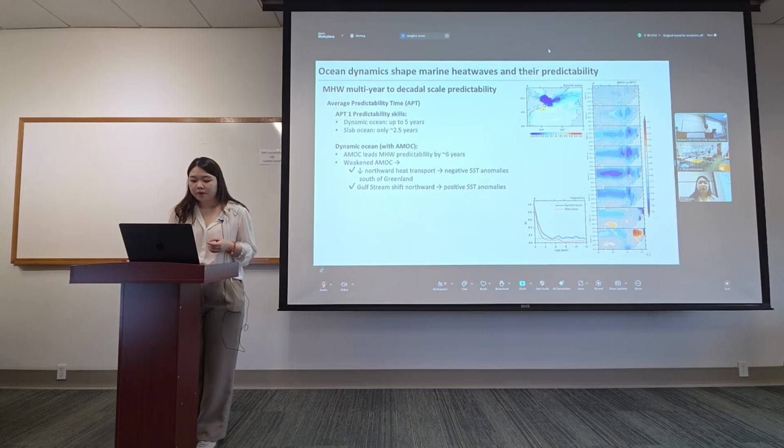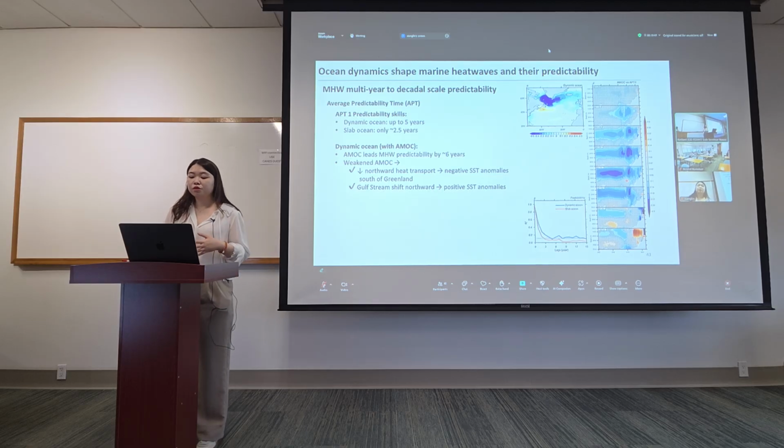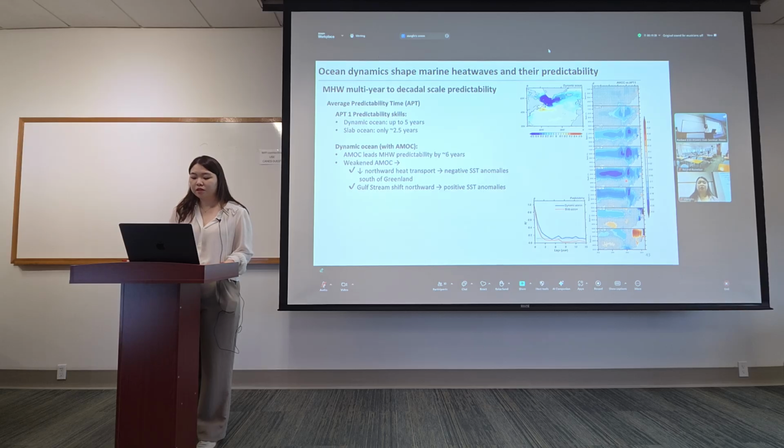This delayed response highlights the memory carried by the AMOC and its important role in shaping the multi-year predictability of marine heat waves in the North Atlantic. The AMOC-driven long-lasting sea surface temperature anomaly patterns act like a preconditioned background state. They substantially modify the probability of marine heat wave occurrence in specific regions, thereby providing a predictable foundation for marine heat waves or other extremes over the following years.